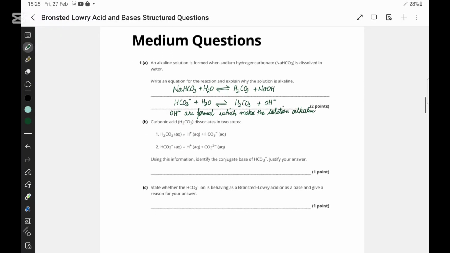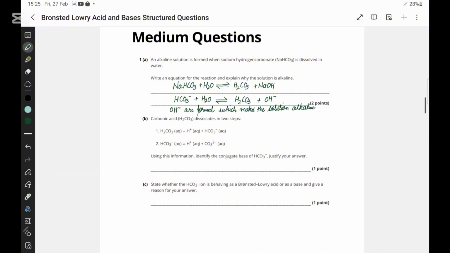The next question says carbonic acid dissociates in two steps. H2CO3 forms H positive and HCO3 minus, and HCO3 minus forms a hydrogen ion and a carbonate ion. So this is acting as an acid, and when it donates a proton, its conjugate base is going to be this one.